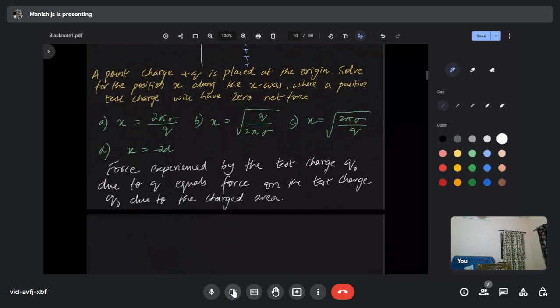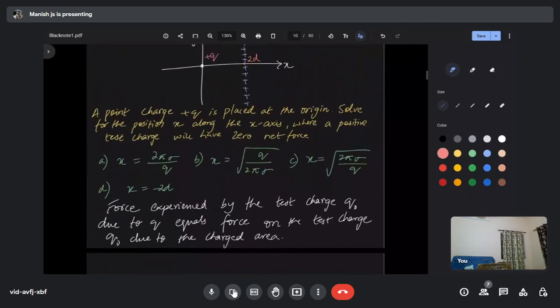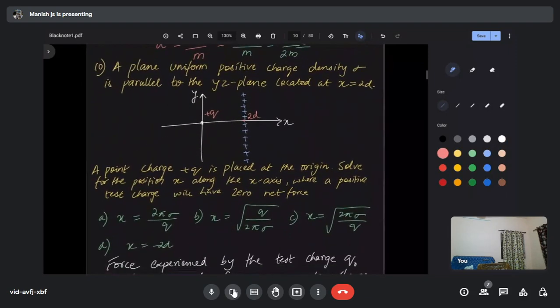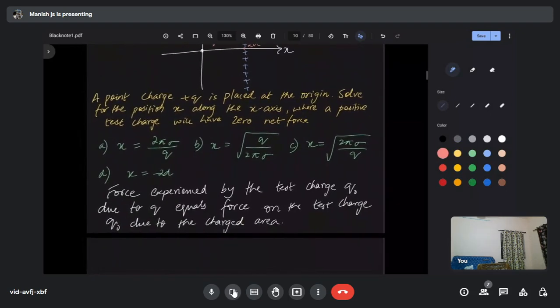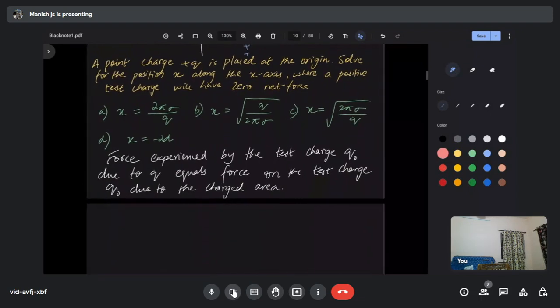Try to understand this first, because they have already told us that it is going to be equal. It has a zero net force, obviously an equilibrium condition. So you need to understand that both of them would cancel out and hence be equal on both sides.